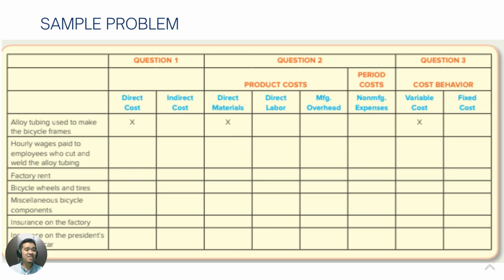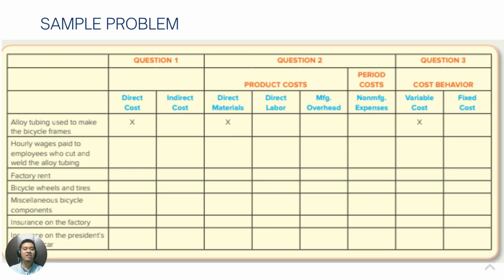Of course, it is a direct labor. It is labor because it is the salary of the people who cut the alloy. Next, its cost behavior, is it variable or fixed? Of course, it is variable because direct labor is variable.